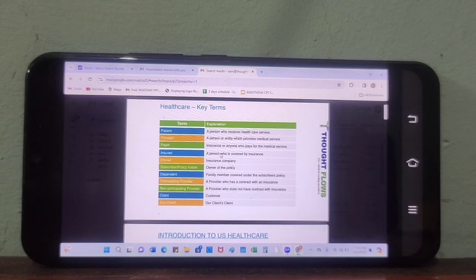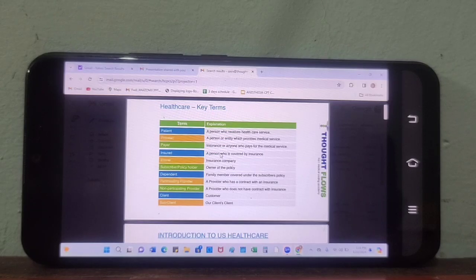Owner of the policy is the subscriber or policy holder. For example, if I get a policy from an insurance company, I am the owner of the policy. My family members come under that policy.